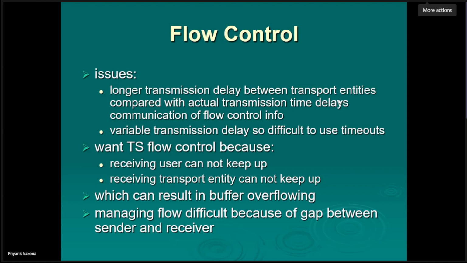Because of that, there is a longer transmission delay between the transport entities, compared to the actual transmission time delays in communicating this flow control information. So that is the main issue, right?